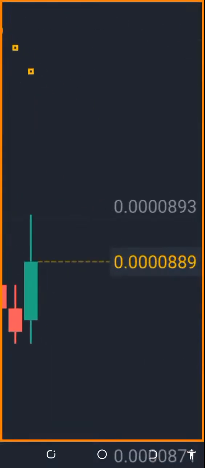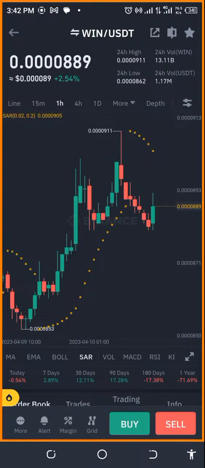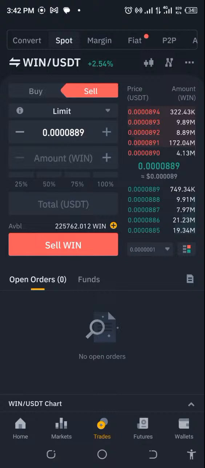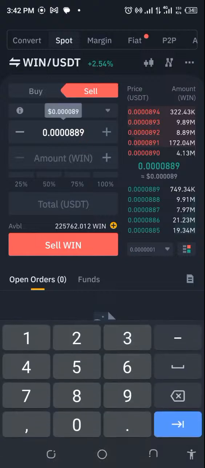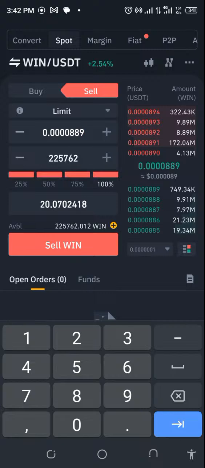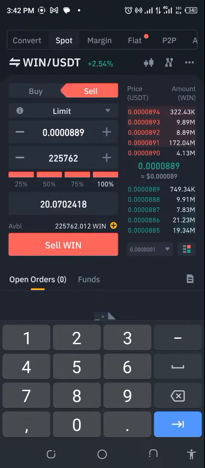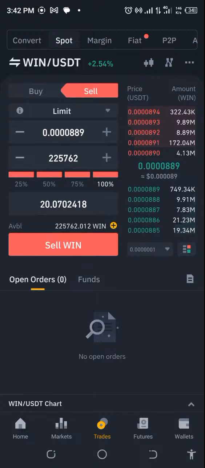But right now, I'm seeing that this could have gone all the way to 893. And now I'm thinking that I should just go ahead and sell this off, right? So if I change this to 893, what would it be? Okay, so right now I'm just going to sell back. That's what I'm going to do. Now, this is not going to make me more than 5 cents, but I just want to get this done.